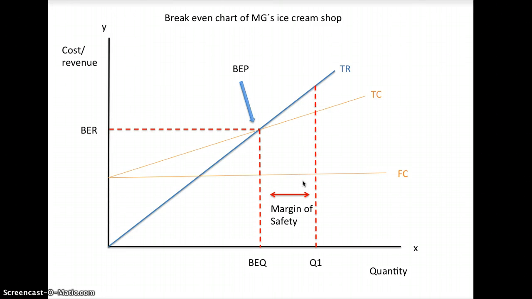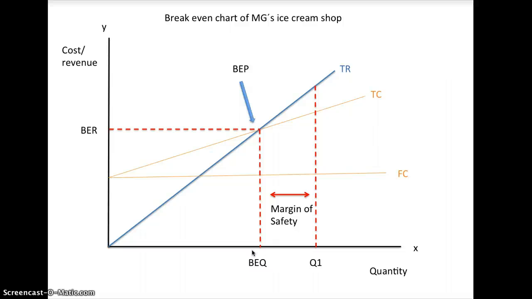There's also this term called the margin of safety, which is the distance between where the firm is actually producing, in this case Q1, and the break-even quantity, the break-even point here, which is BEQ. Firms aim to maximize the distance between these two points because it means they are maximizing their potential profits.